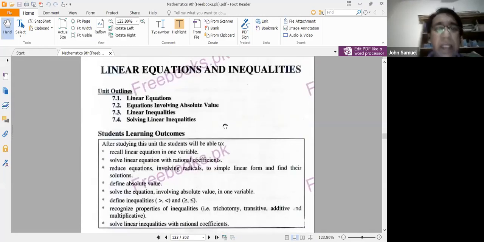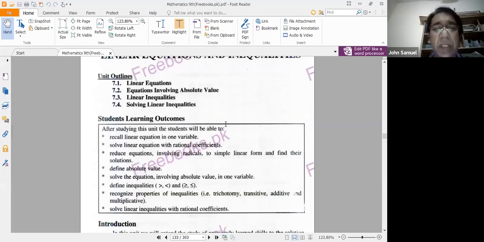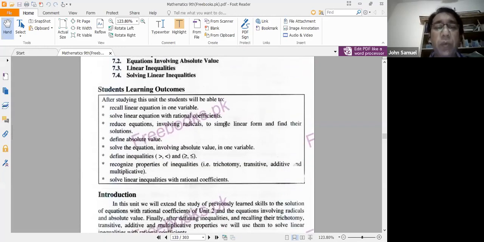Student, linear equation, our topic is, and what you will learn here. After studying this unit, you will be able to recall linear equation in one variable. Then you will be able to solve linear equation with rational coefficients, which I will tell you. In this unit, we'll extend the study of previous learned skills to solve the equation with rational coefficient.